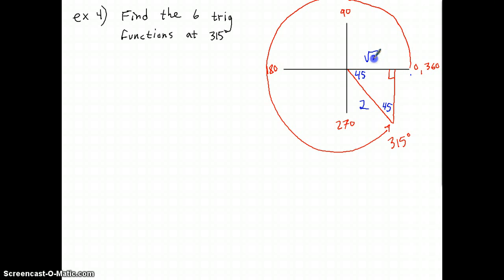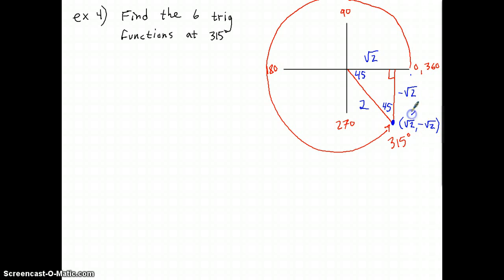Square root of 2 is here, and the square root of 2 is here, except because we're in the 4th quadrant, and this side corresponds to up and down movement, we're talking about a negative square root of 2, right? So you can think about this point here as the square root of 2 comma negative square root of 2.